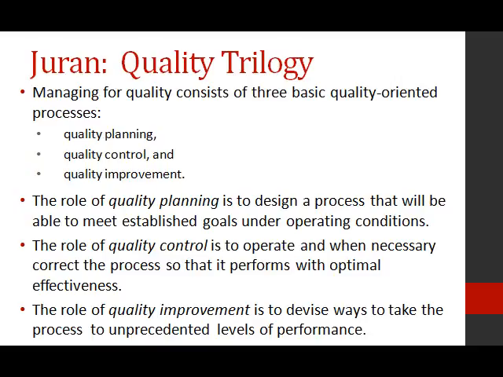The role of quality planning is to design a process that will be able to meet established goals under operating conditions. The role of quality control is to operate and, when necessary, correct the process so that it performs with optimal effectiveness. And the role of quality improvement is to devise ways to take the process to unprecedented levels of performance.